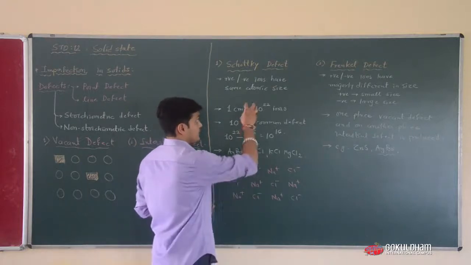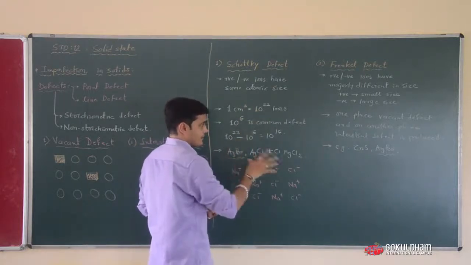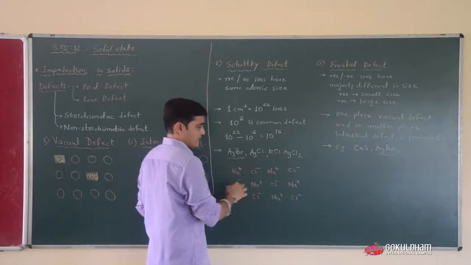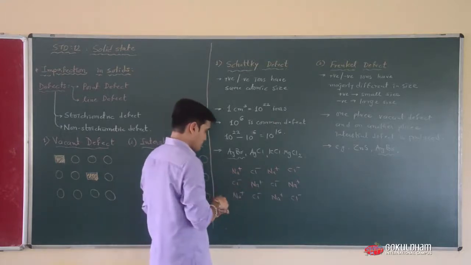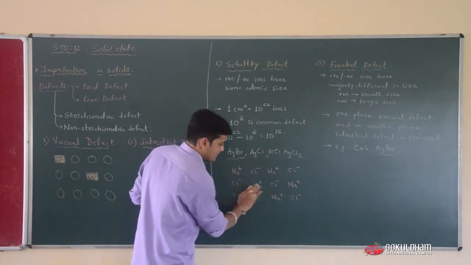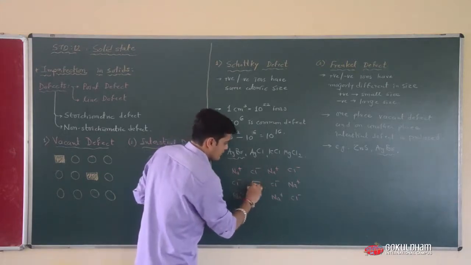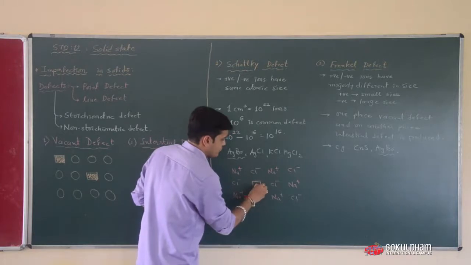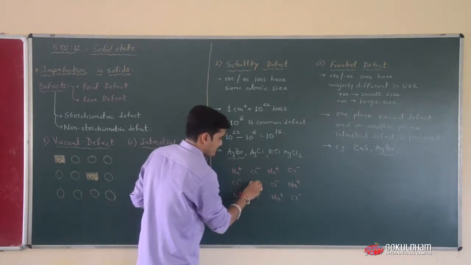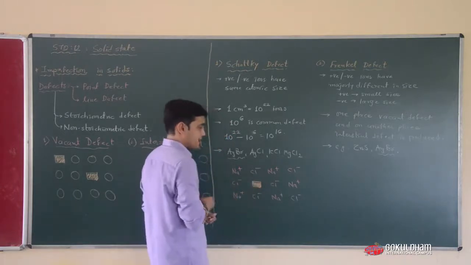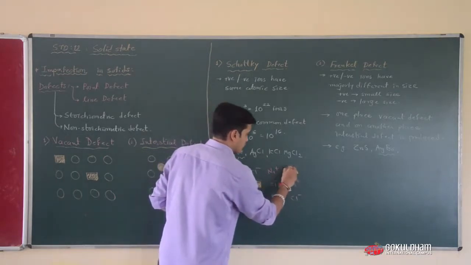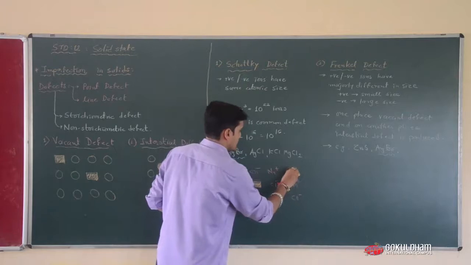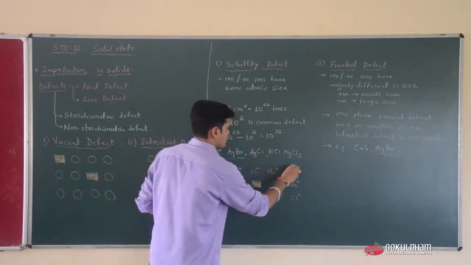Now this is a stoichiometric defect, so the number of positive and negative ions will be the same throughout the solid. Suppose one Na+ is missing from this solid, at the same time some of the places the Cl- will also be missing from the solid.